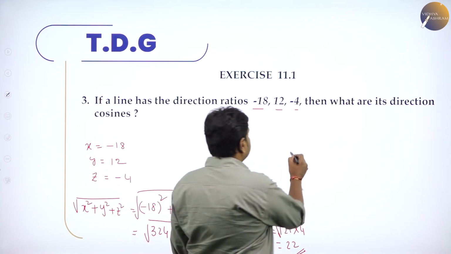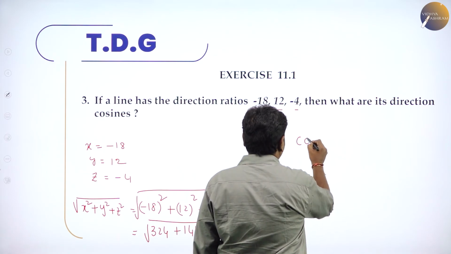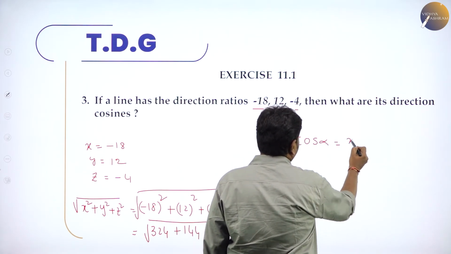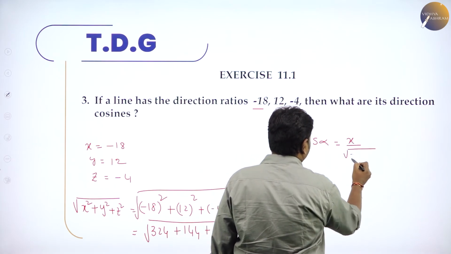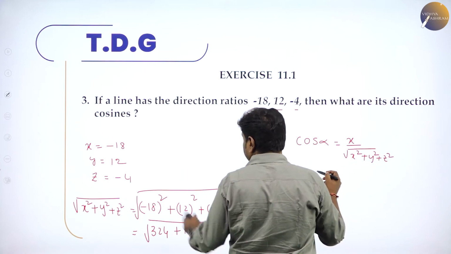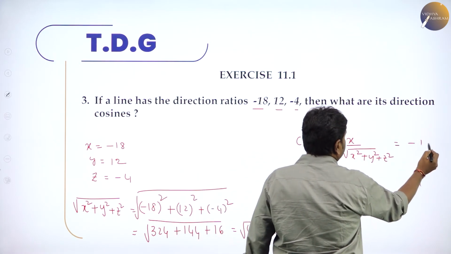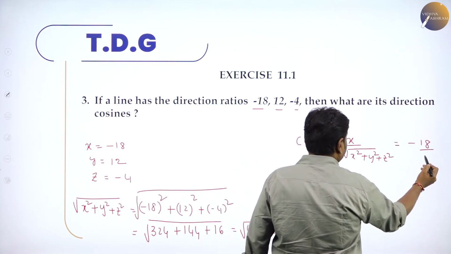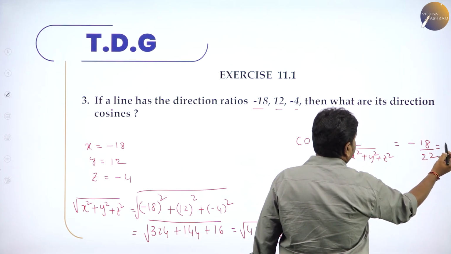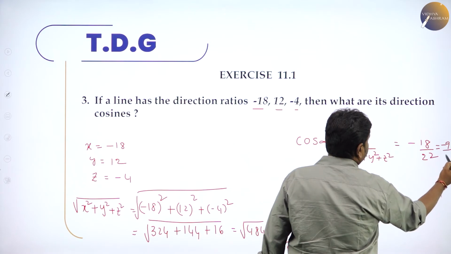Now for the direction cosines, cos alpha is x by the magnitude, root of x square plus y square plus z square. The direction ratio x is minus 18, so minus 18 divided by 22. Both are divisible by 2, giving minus 9 divided by 11.